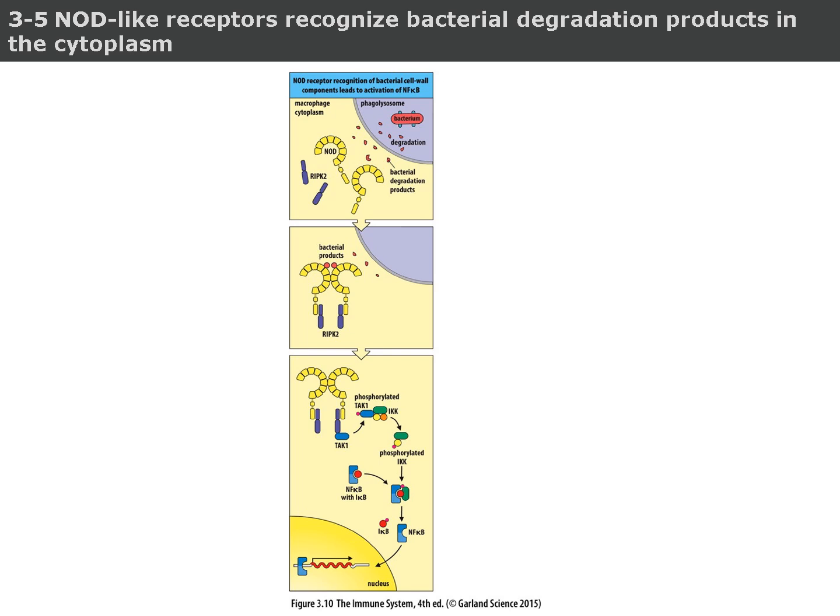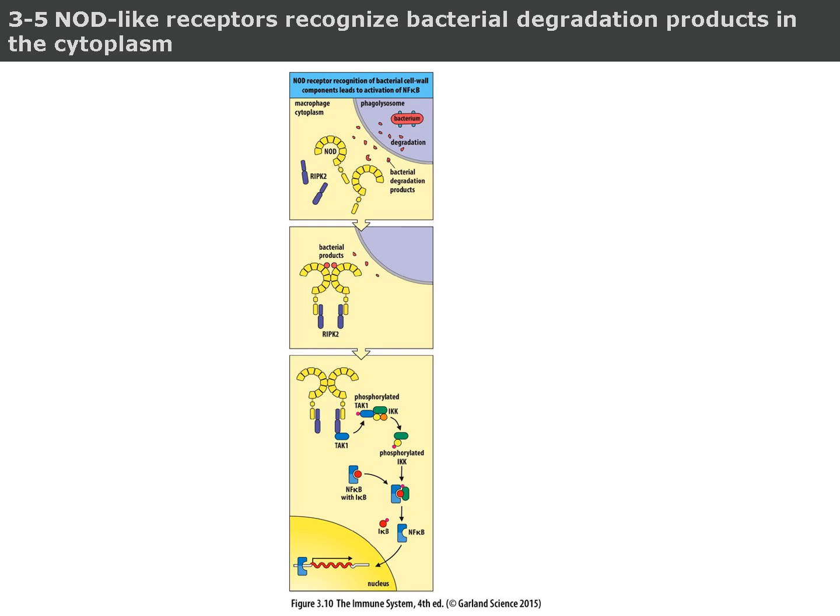serine/threonine protein kinase 2. This interaction leads to a cascade of signaling events, including the activation of a kinase known as transforming growth factor beta activated kinase 1, which in turn activates another protein complex called the inhibitor of nuclear factor kappa B kinase.